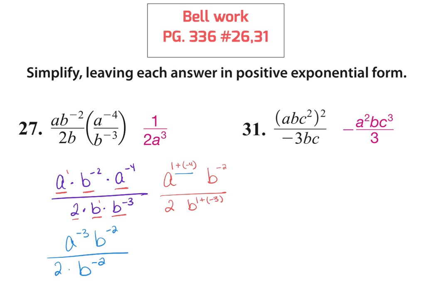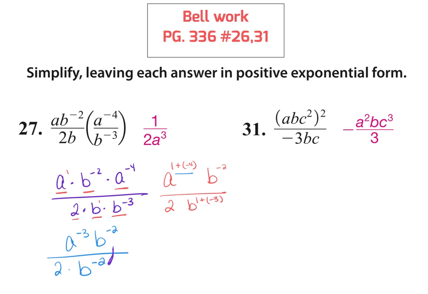Okay? So at this point, I go top to bottom because my top is as simple as it can be and my bottom is as simple as it can be at this point. All right, so my rule from top to bottom, I still have 2 of my b's. My rule there is to subtract. What is negative 2 minus a negative 2? It's 0.